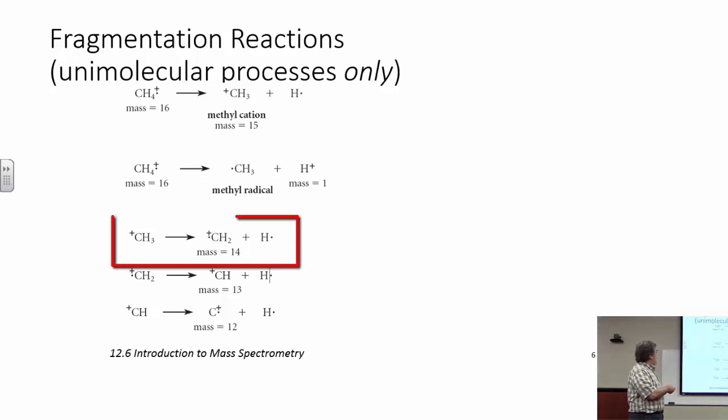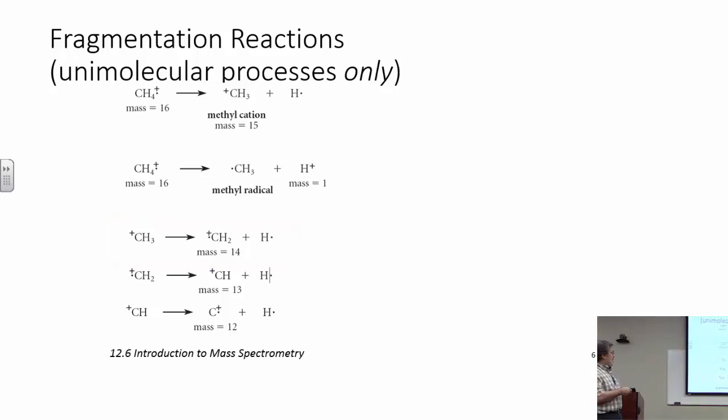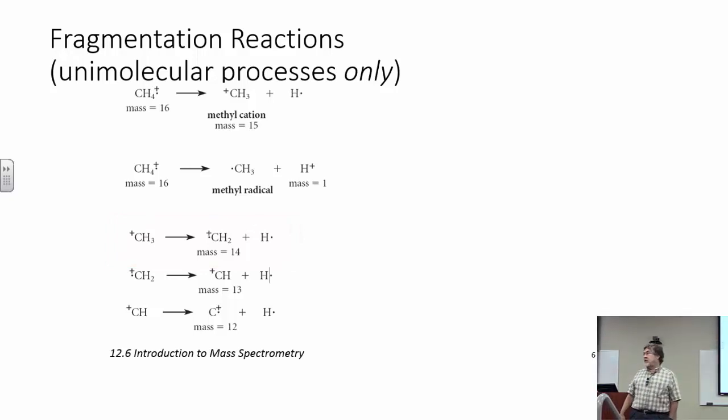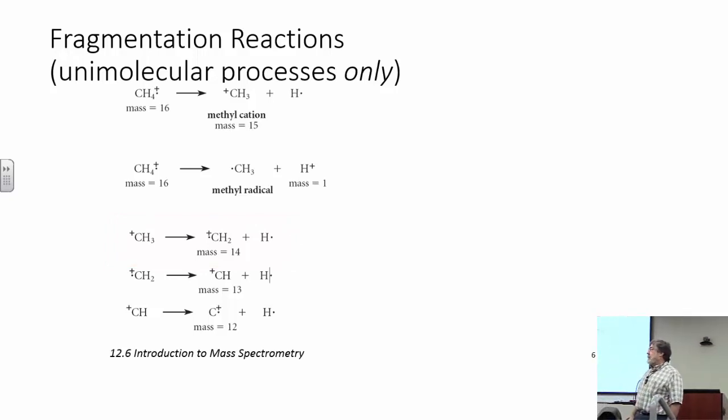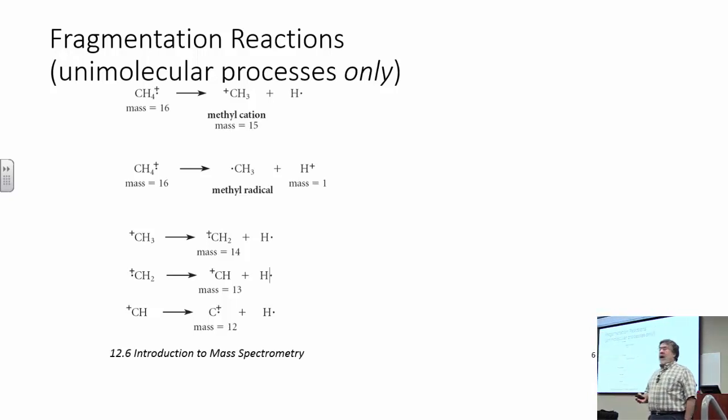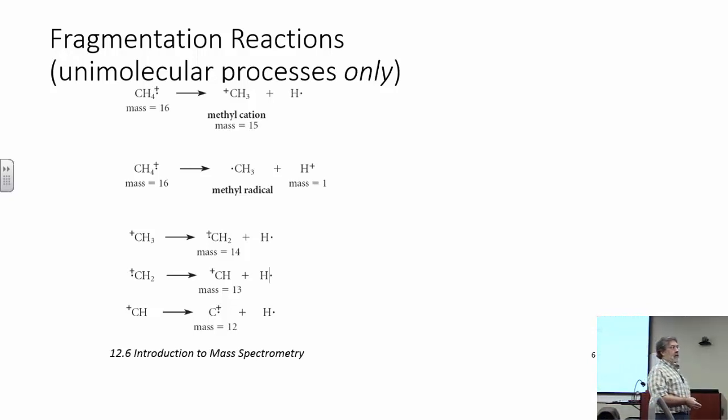And then further things can happen. So the methyl cation can also lose a hydrogen atom. That's how the 12 came along, and so on down the line till you have just carbon. All right? So one thing that you might have to do from time to time with mass spectrometry is ask yourself, what kind of fragmentation process happens to be responsible for this peak?